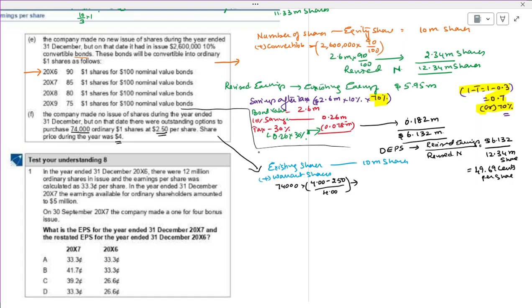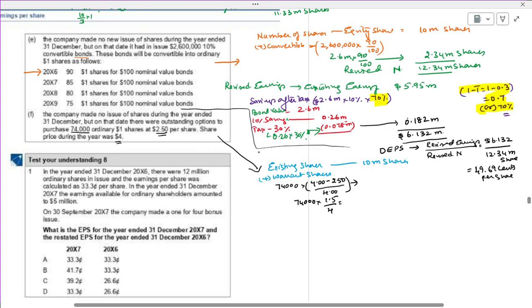I'm getting something else. How many are you getting? 74,000 are warrants. It will be 74,000 times 1.5 divided by 4.